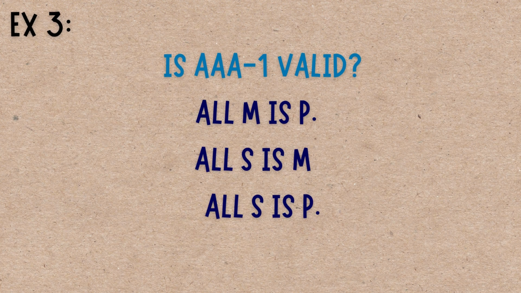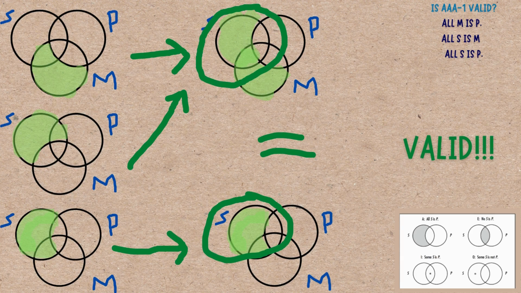Even though it is a valid syllogism, let's look into its Venn diagram. What does the Venn diagram of this syllogism say? We have the first Venn diagram indicating premise 1, the second premise 2, and the third the conclusion, and the fourth Venn diagram shows the merged Venn diagram of premises 1 and 2, which is equal to the conclusion's. So this is a valid syllogism.